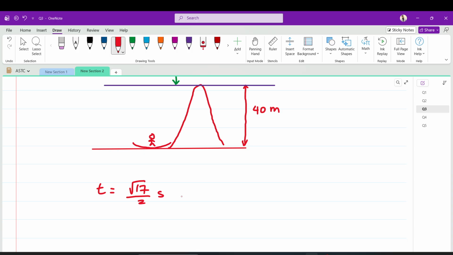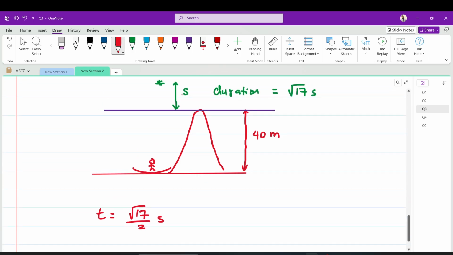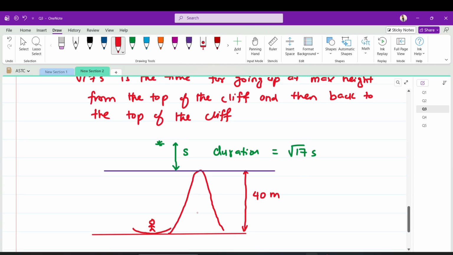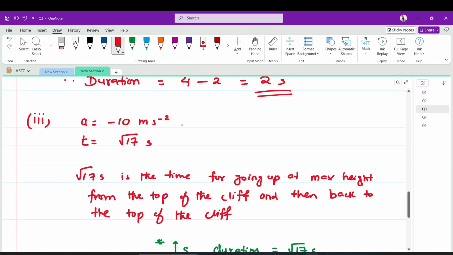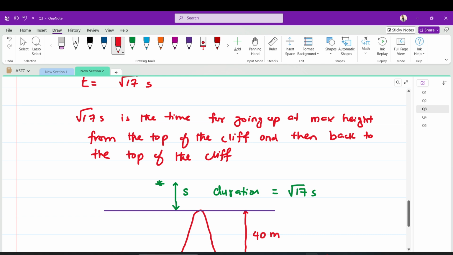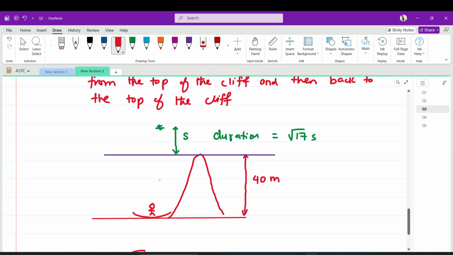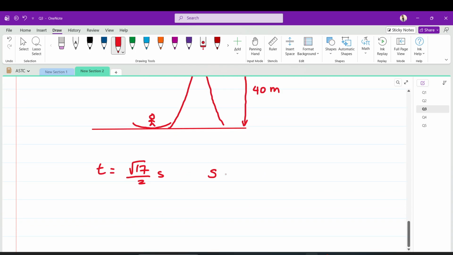Now, first of all, we need to find out what this S is. Before we can find out U, we need to find out what S is. What's given to us? We know the acceleration, we know time, and because now we have deduced that this will be the maximum height, at this particular point the final velocity is going to be 0. So let me write down the data again.